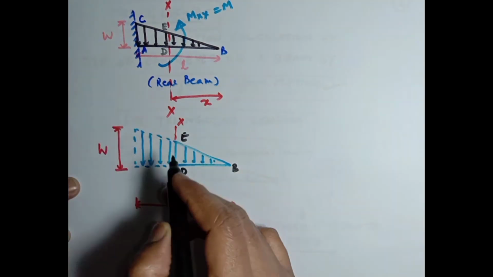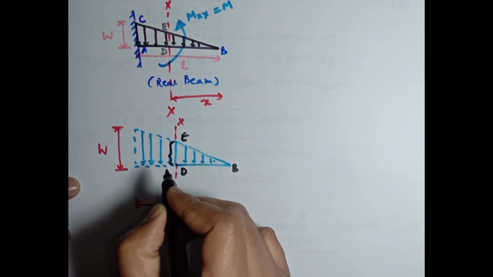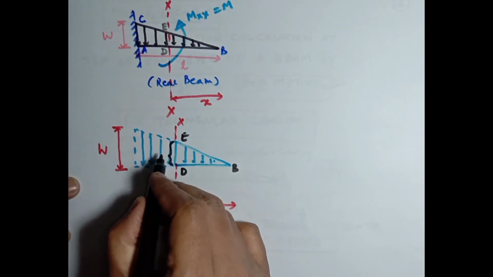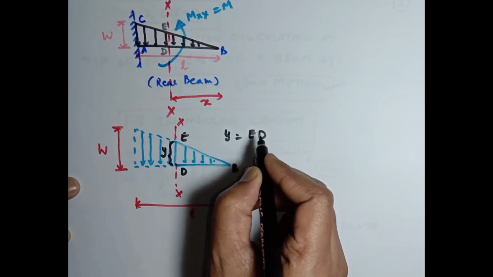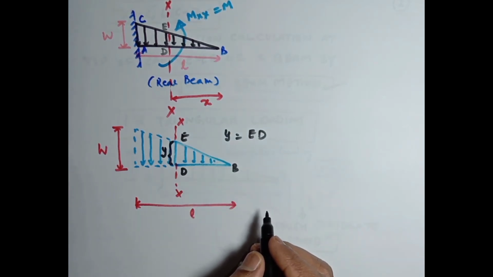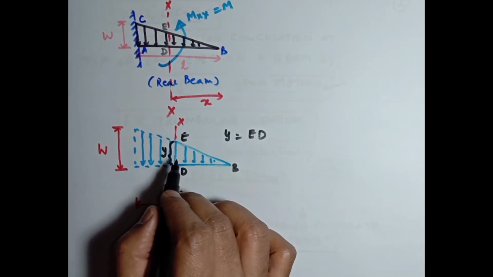We are going to find the loading value at section XX. This value is y equal to ED. We are going to find the value of load at section XX.